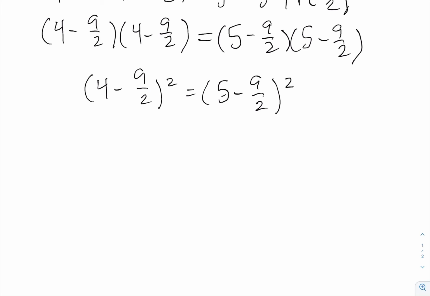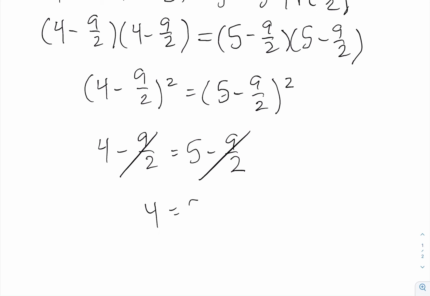You can think of it as square rooting both sides, or as raising both things to the power of 2, and if it's an equation, then what's on the inside must be equal. So 4 minus 9 over 2 must equal 5 minus 9 over 2. Adding 9 over 2 on both sides, or just seeing that there's a negative 9 over 2 there, we can ignore that and say 4 equals 5, and therefore, subtracting 4 on both sides, this implies that 0 equals 1.